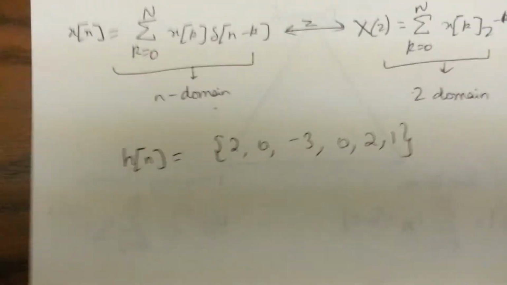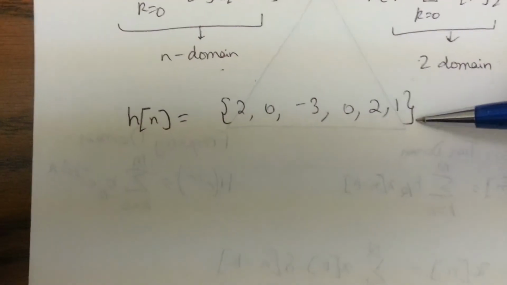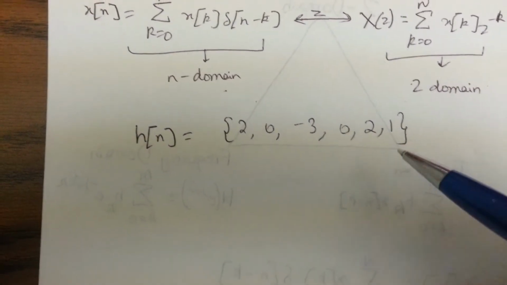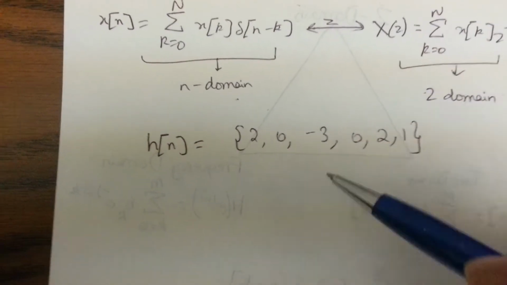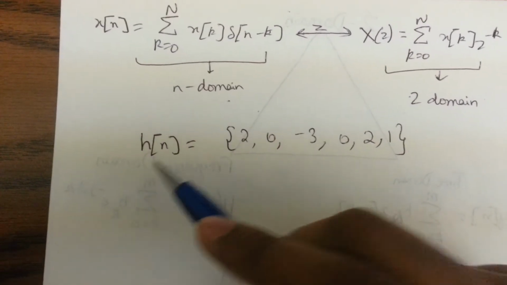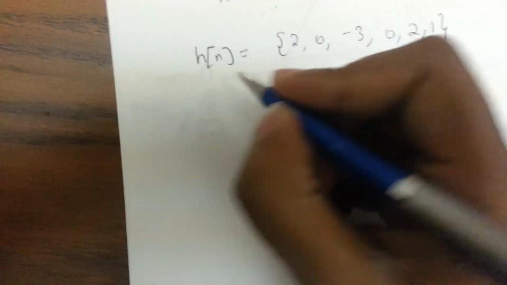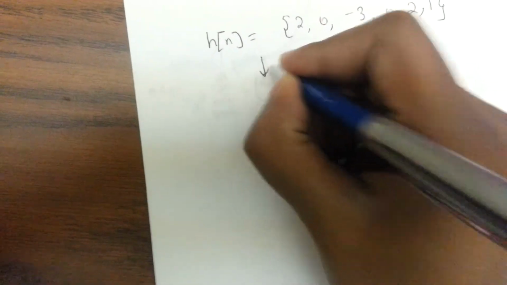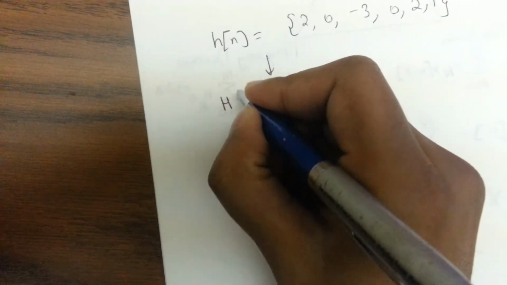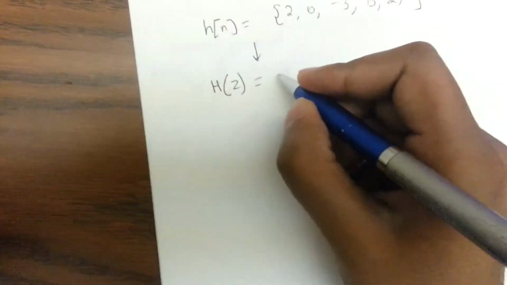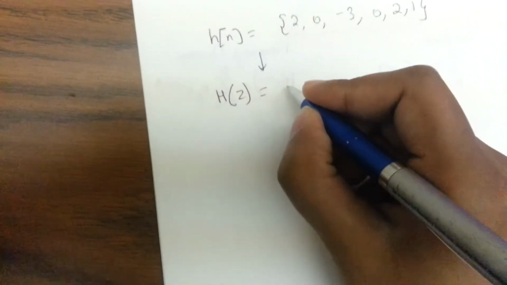So let's take a signal which is represented by h of n, and these are the coefficients of the signal. This is represented in the n domain, and if we have to translate this to the z domain, this is what we will get. So this becomes capital H of z, and this is at n equals 0.